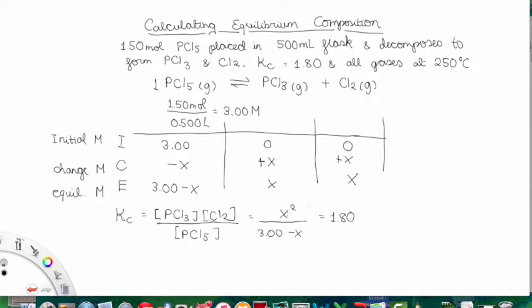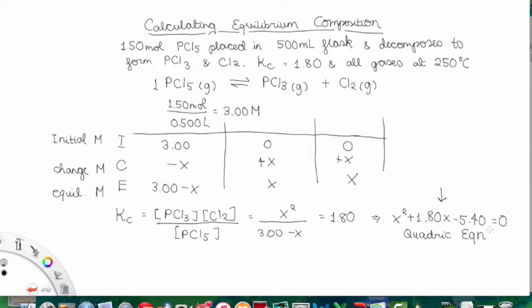The way in which we can do that is rearrange this equation to look like this: x squared plus 1.8x minus 5.40 equals 0. Doesn't this look like something from back in high school when you learned general math? Because this is a quadratic equation.